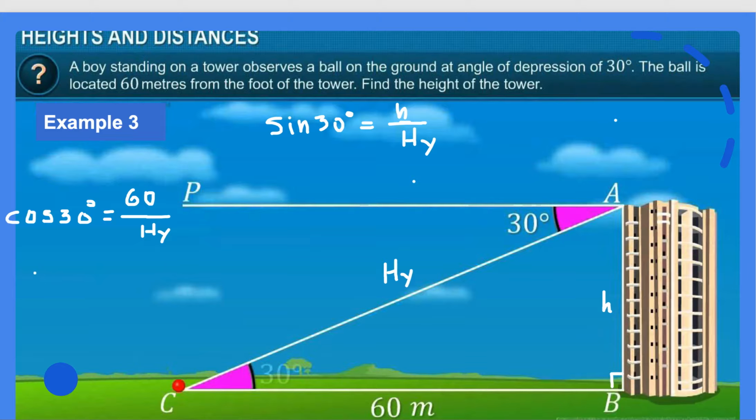To make it easier, we just switch places of the cosine 30 degrees and the hypotenuse, and we can solve this equation easily. So the hypotenuse equals 60 divided by cosine 30 degrees.